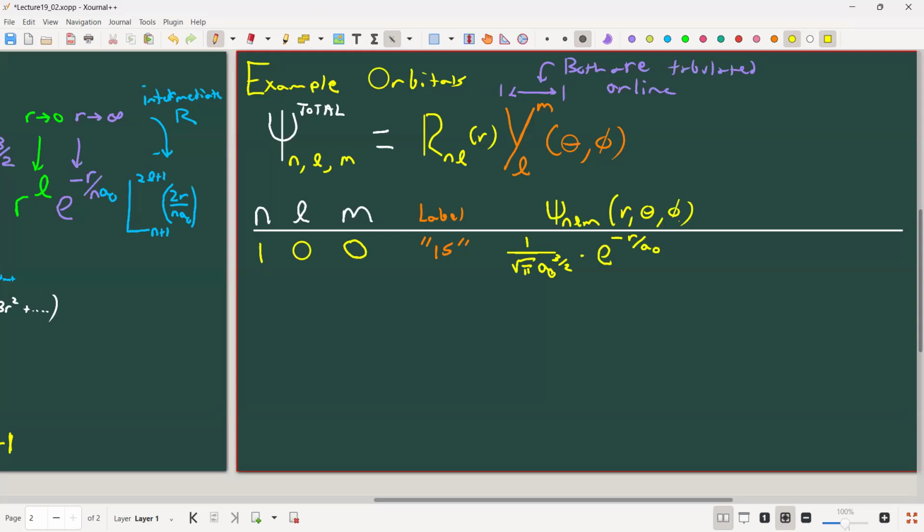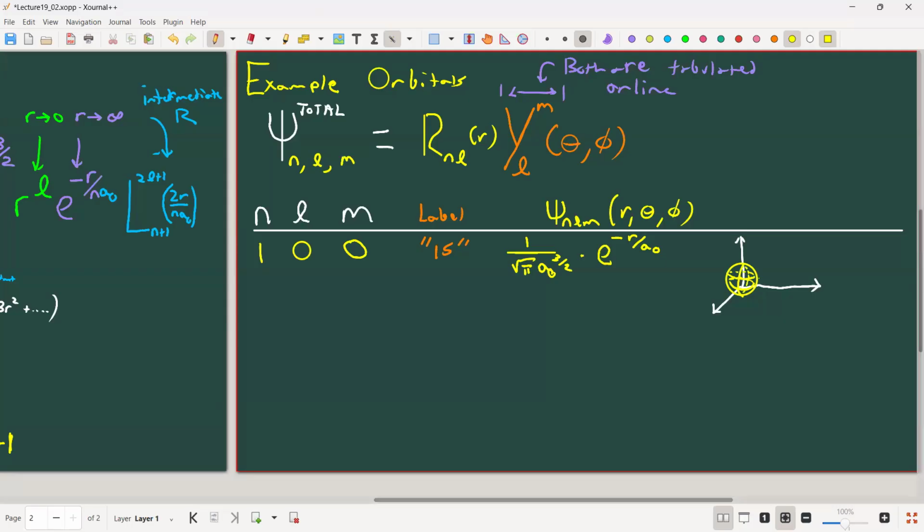So let's look at that function. We kind of know what this looks like in XYZ space. I could draw this 1s orbital as a sphere, something like that.